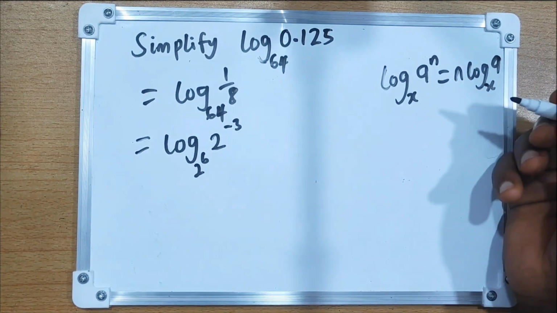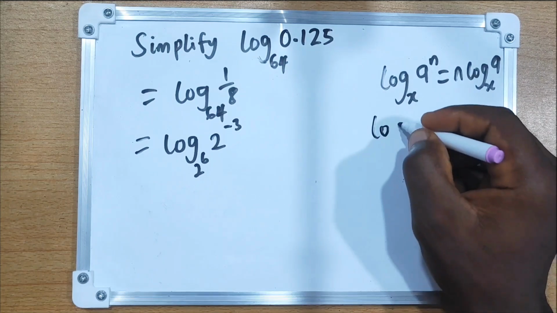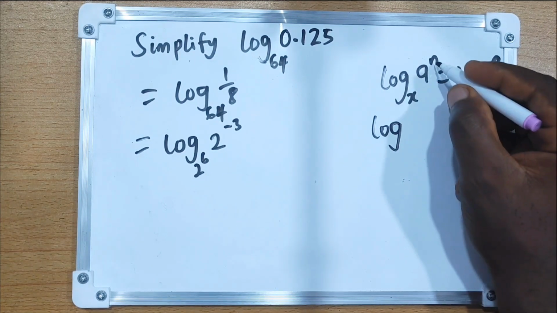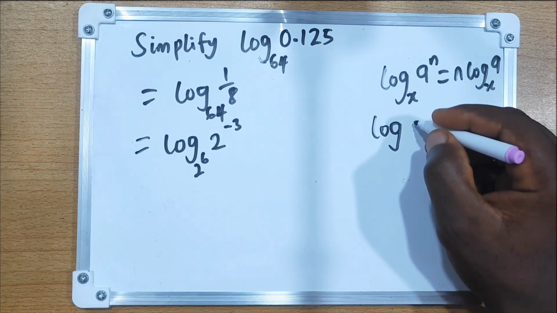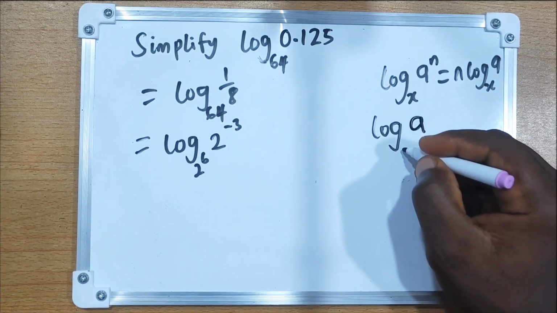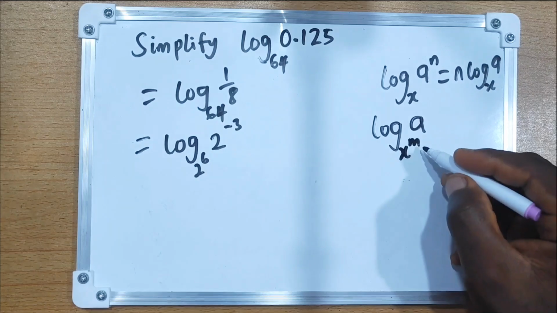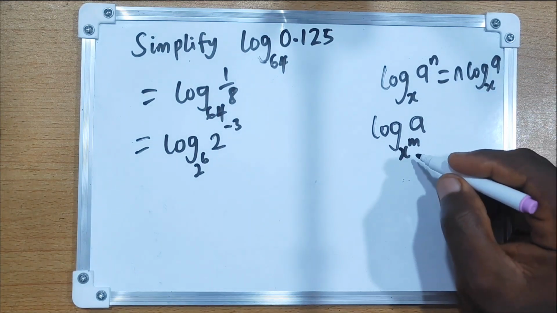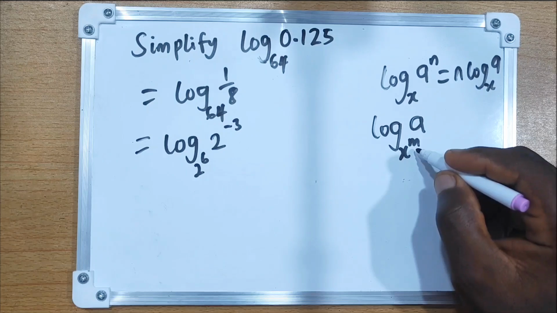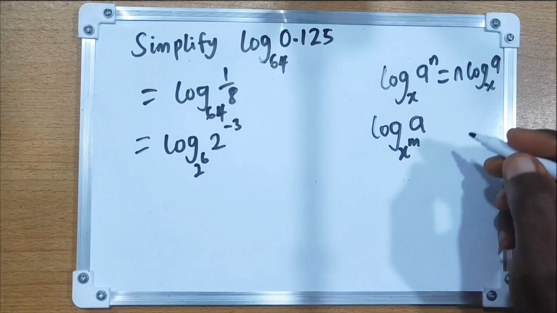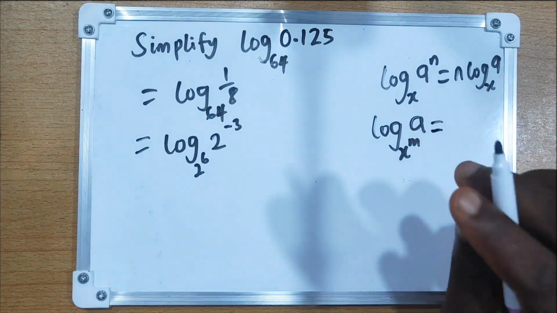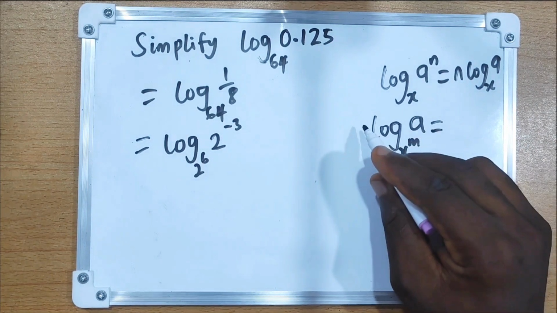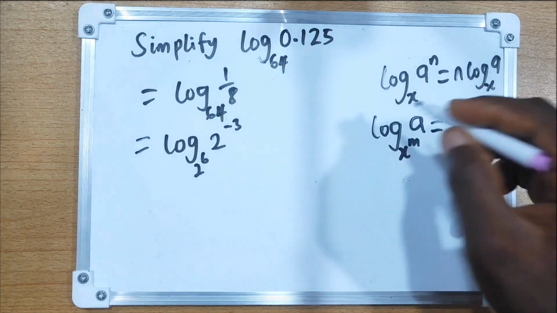Now, what if I have a power in the base and not in the number? Something like this: log of a to base x raised to the power m. I'm using m so that you do not get confused about this. Now, what do you do when the power is in the base? The result is going to be similar. The only difference is that when you are bringing a power from the base as a coefficient, you are bringing the inverse of that power.